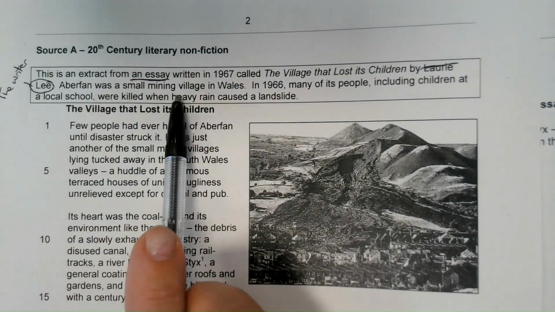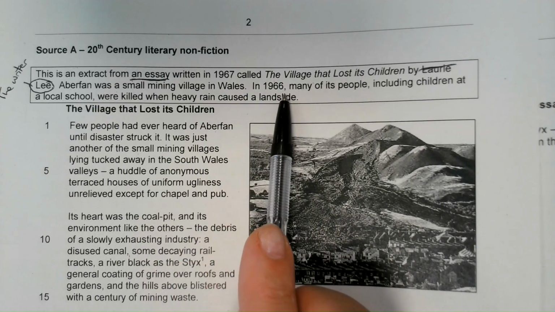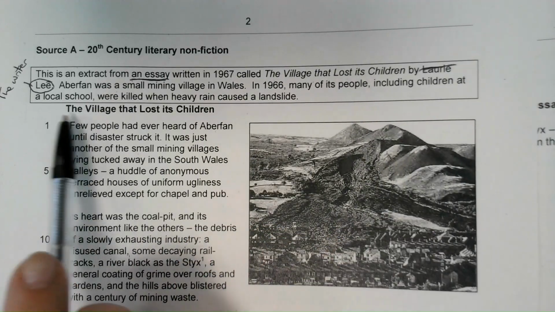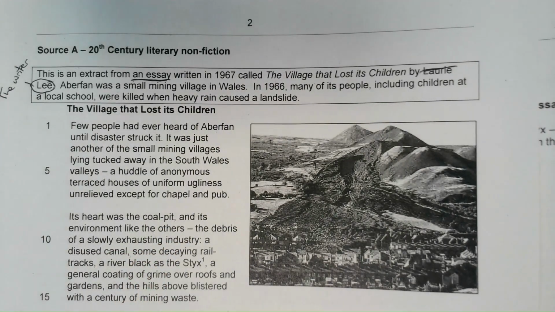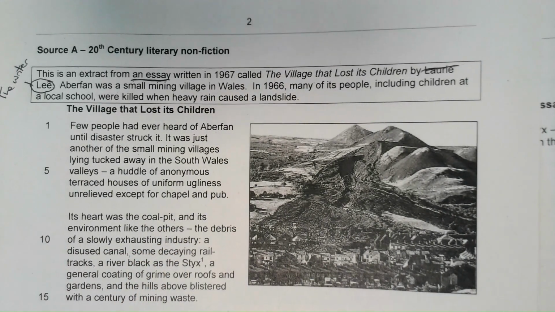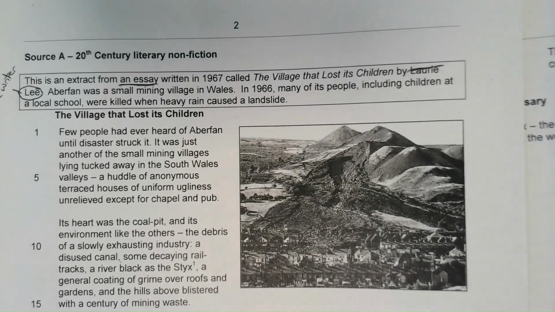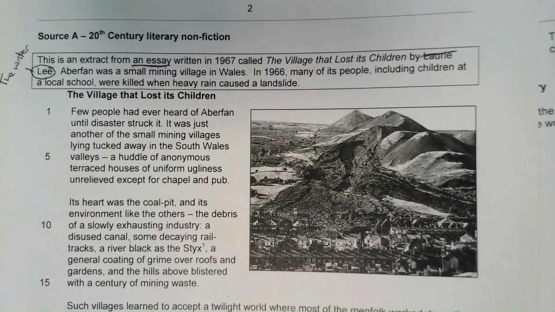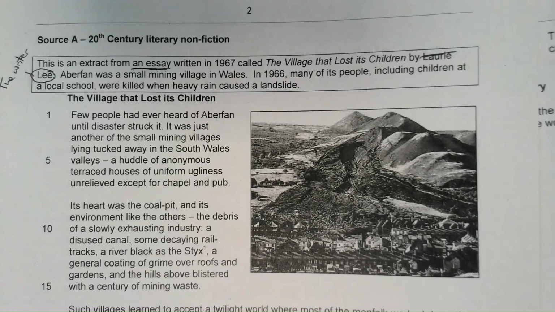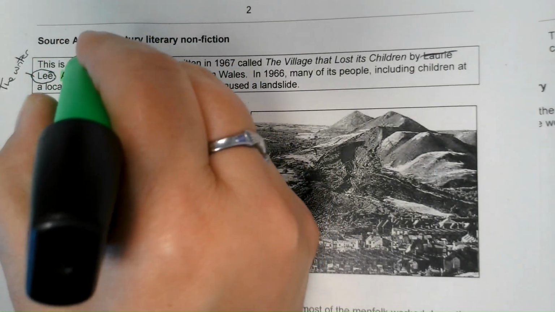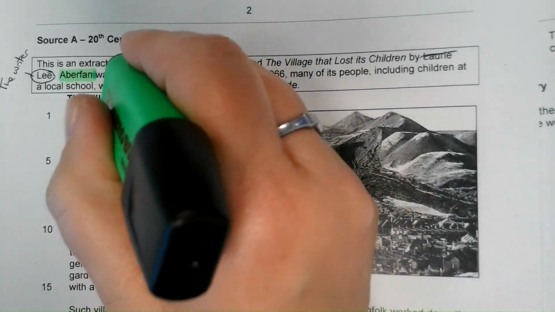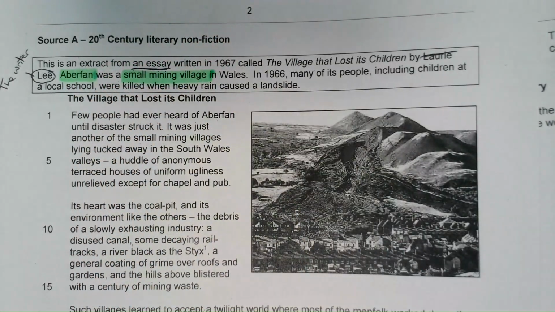Aberfan was a small mining village in Wales. In 1966, many of its people, including children at a local school, were killed when heavy rain caused a landslide. So, as I said, we're looking for people, place and plot. What has happened, who's involved, and where has it happened? So it's happened in Aberfan, which is a small mining village in Wales.